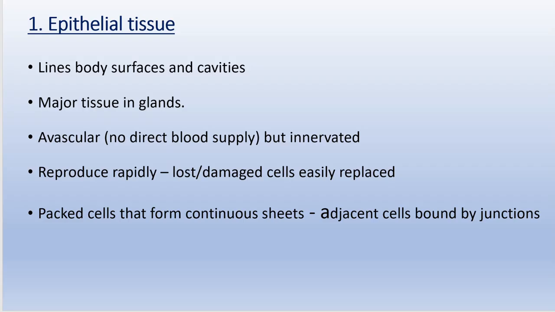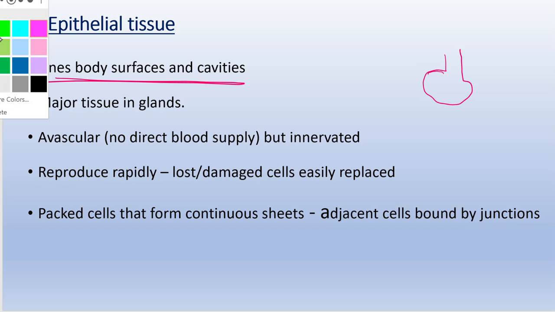Okay, so let's start with what makes epithelial tissue epithelial tissue. Epithelial tissue is going to be those cells that work together to do any of the following functions. That can be to line body surfaces and cavities. If you think, for instance, of your stomach inside the body, your stomach is going to be lined by a specific type of tissue called epithelial tissue.